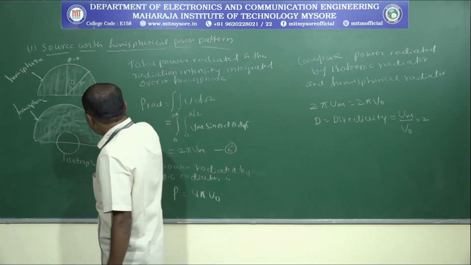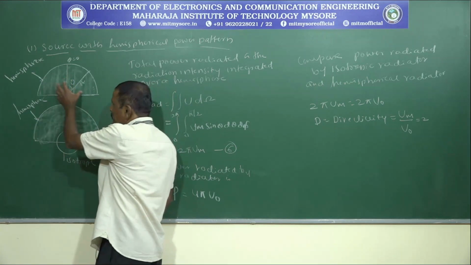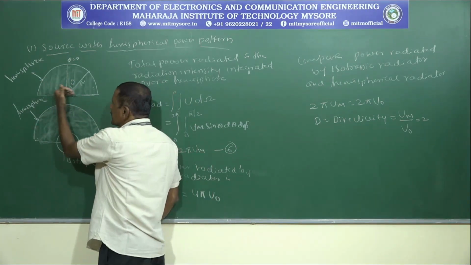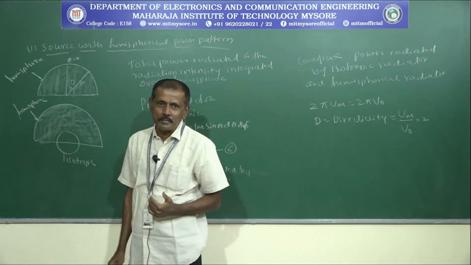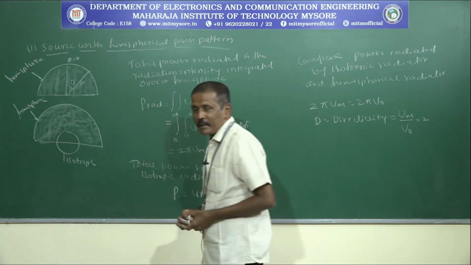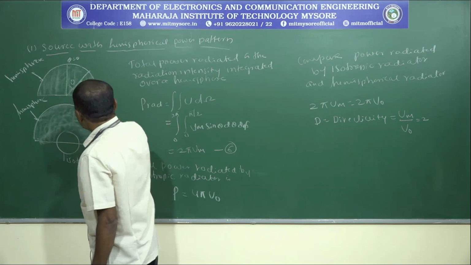So this is the radiation pattern of one antenna whose shape is hemispherical. That is, it radiates only in the upper half of the sphere and doesn't radiate in the lower half of the sphere. And so this is the Poynting vector PR.